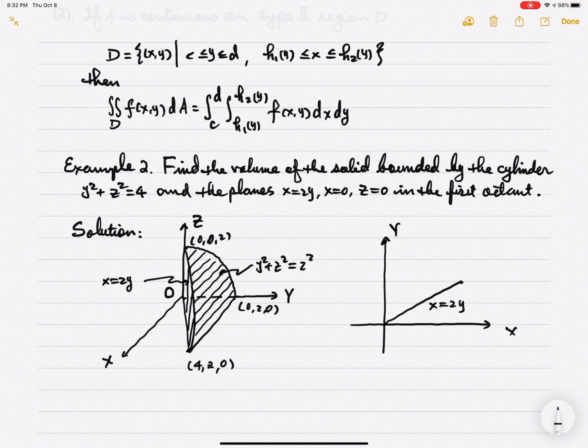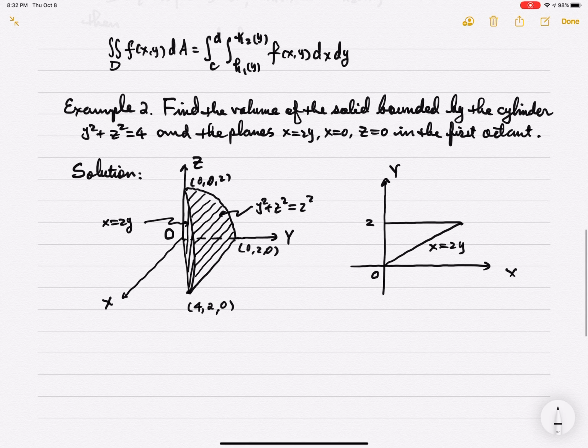Okay, and then this part is, say, well, here is a 2. And now we say, well, okay, so this is D. And then, of course, this is x equal to 0.